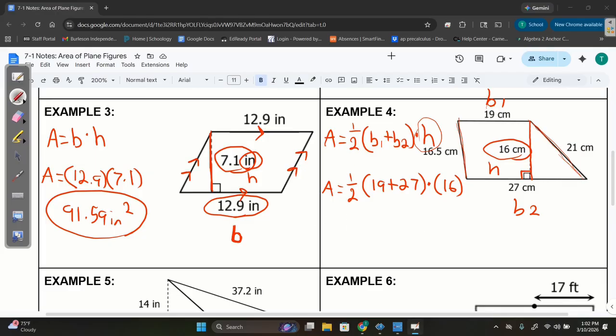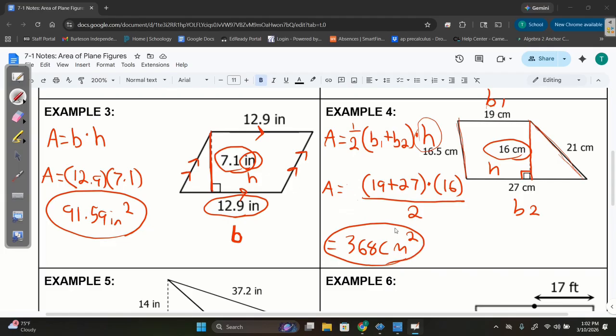Now, again, just kind of like the triangle, if we wanted to, instead of writing 1/2 here, I could write it as all of this over 2. Whichever way we write it, we're going to get the same answer. Whenever I plug this into the calculator, I get 368 centimeters squared.